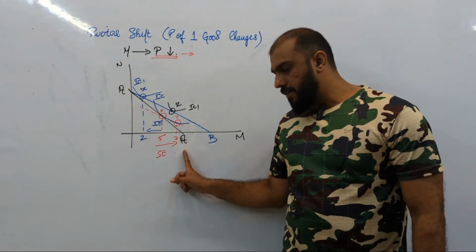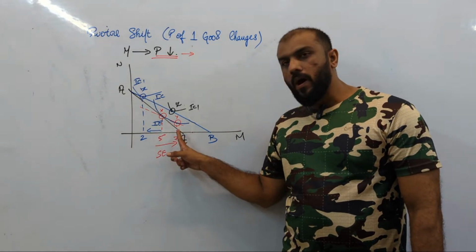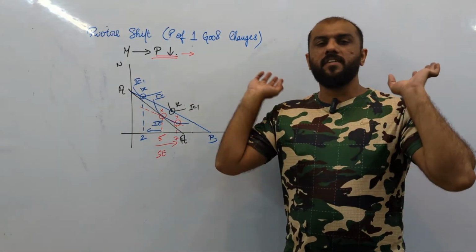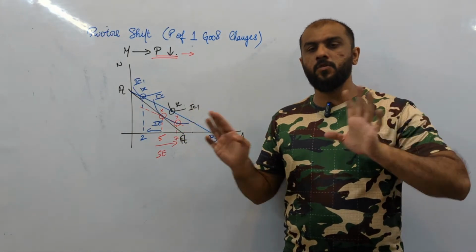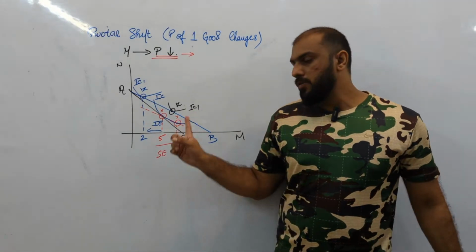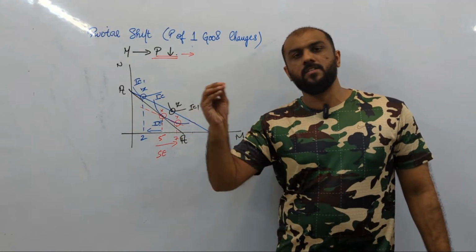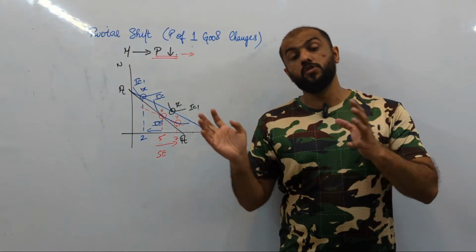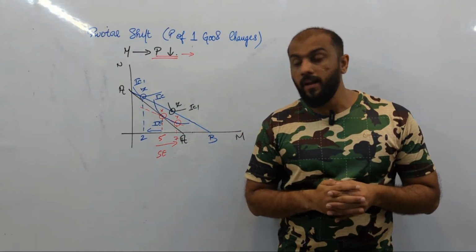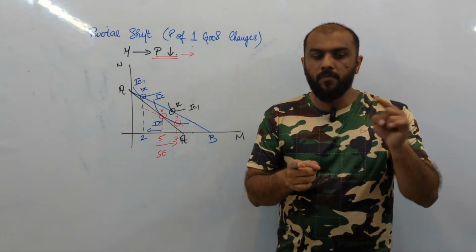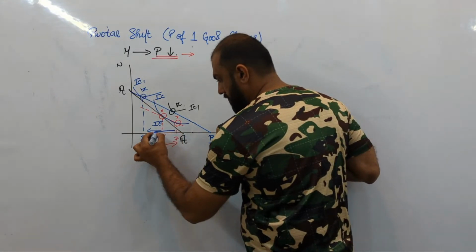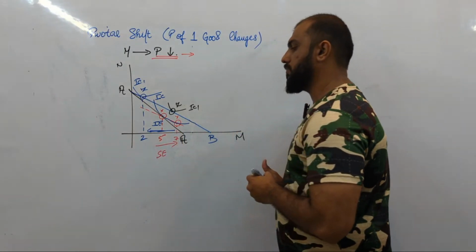So 5 to 7 or X to Y is your substitution effect, and then Y to Z, no matter where Z is, what direction, you don't need to focus on that. You need to make it from Y to Z. That is your income effect, and this is the point where most students blunder, right? So Y to Z, there'll be a full arrow, and in this case, to be right, it should be from 7 to 2, all right?